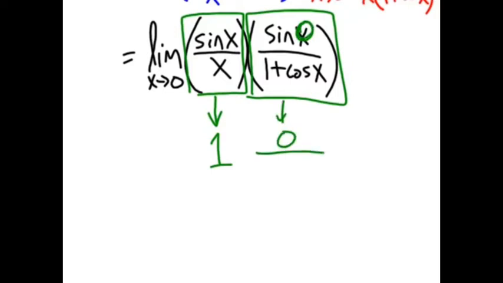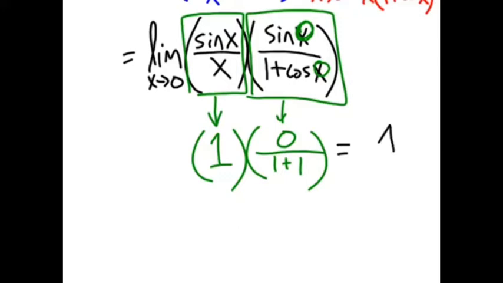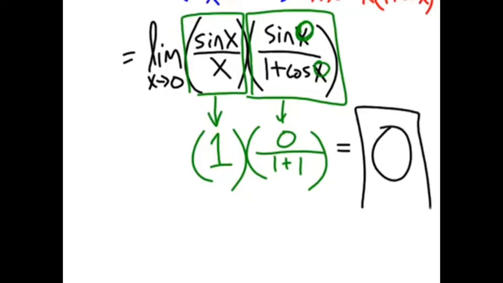If I put x as 0, the numerator will become 0 and the denominator will be 1 plus cos 0, which is equal to 1. Hence the entire value will be: the first value is 1 and the second value is 0, that is 1 multiplied by 0, which is 0.